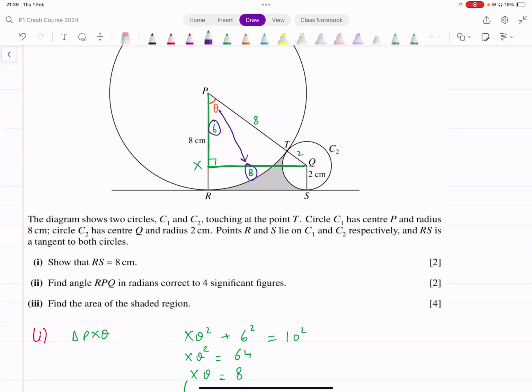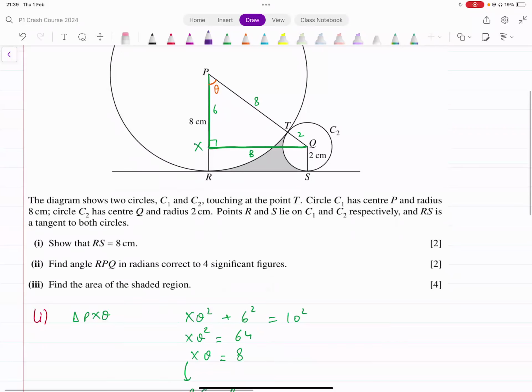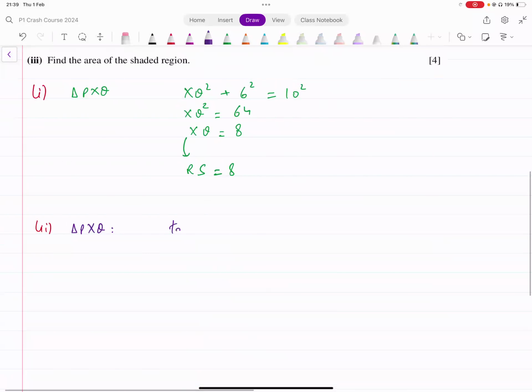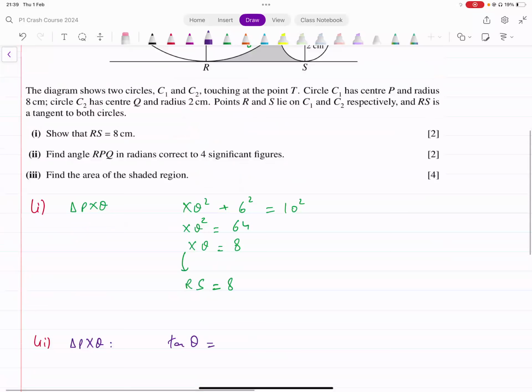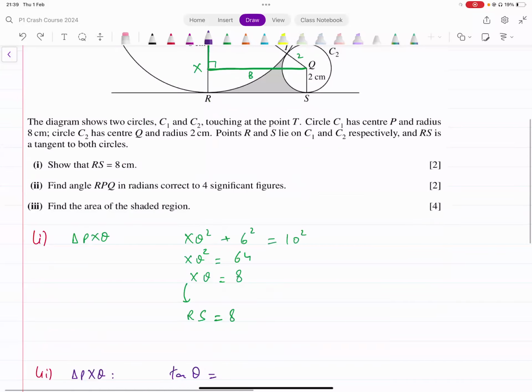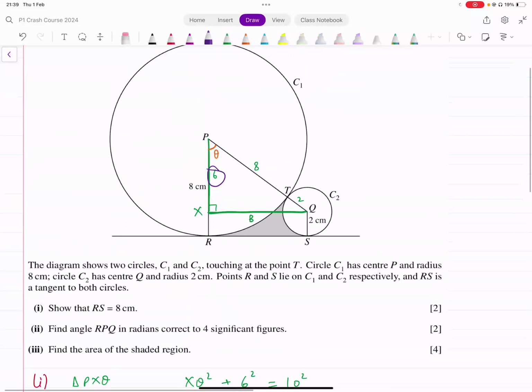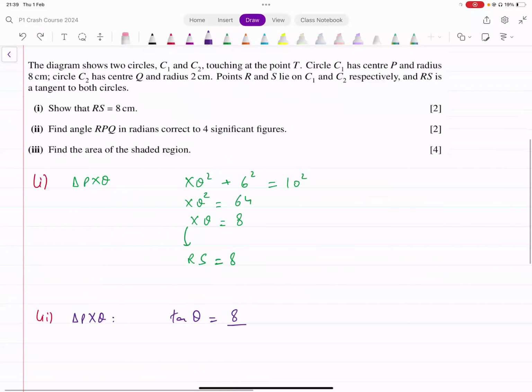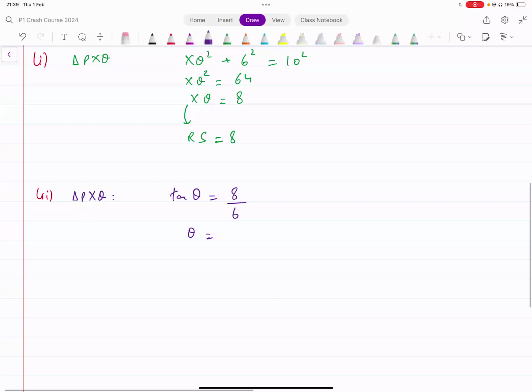8 is perpendicular or opposite. 6 is adjacent or base. What's the ratio between adjacent and opposite? It's tan. Tan of theta is opposite, which is 8, over adjacent, which is 6. That's going to give us the value of theta. So tan inverse of 4 over 3.